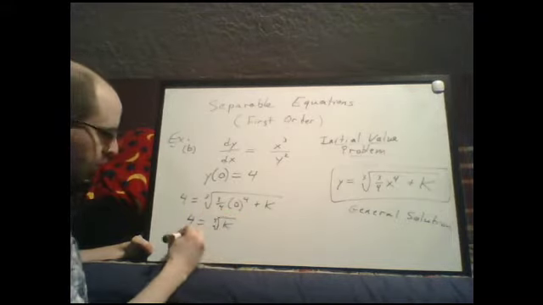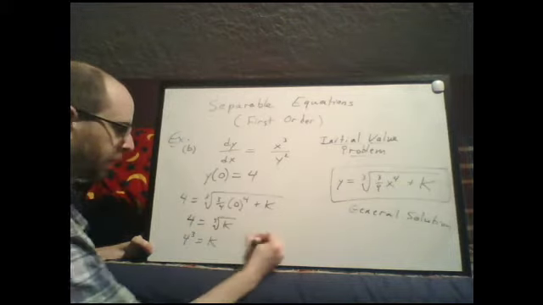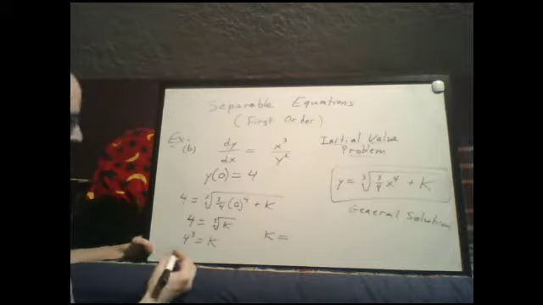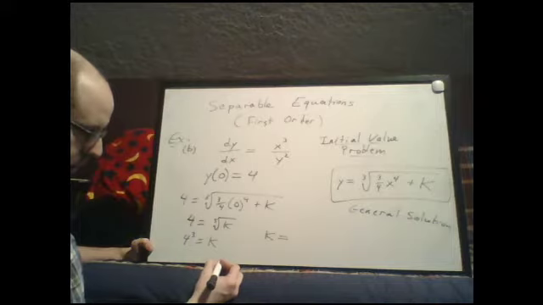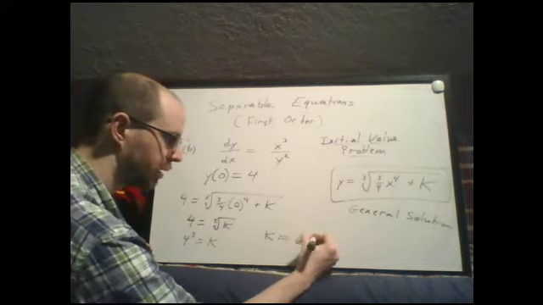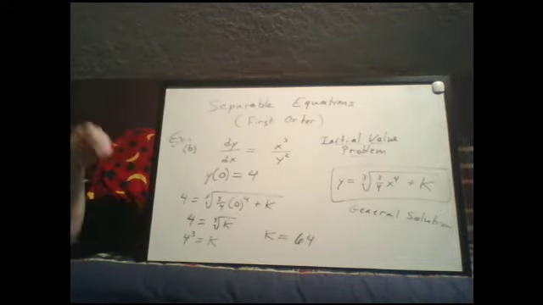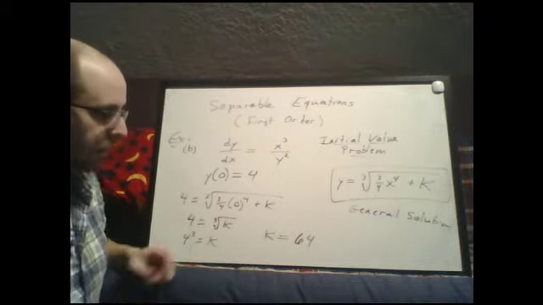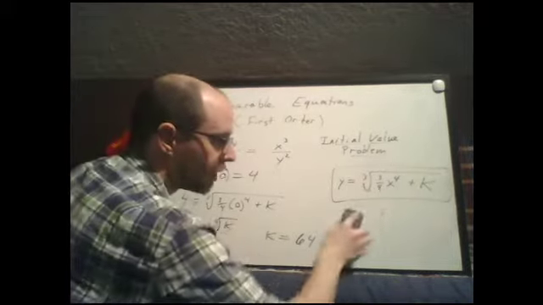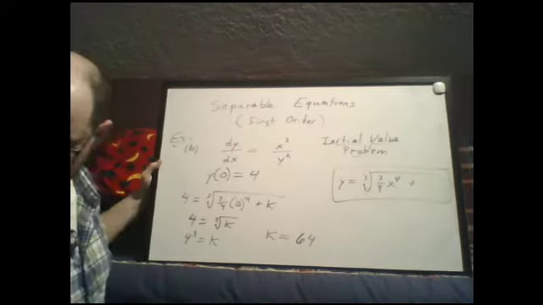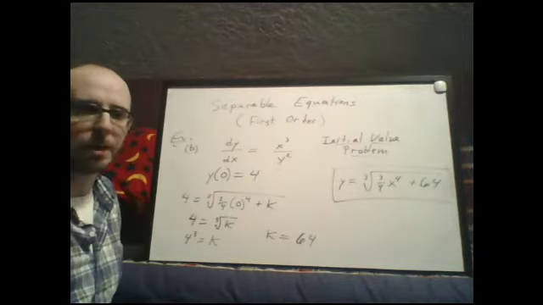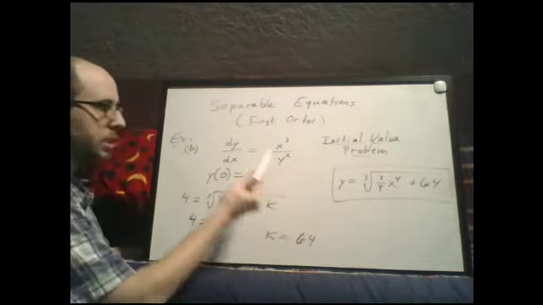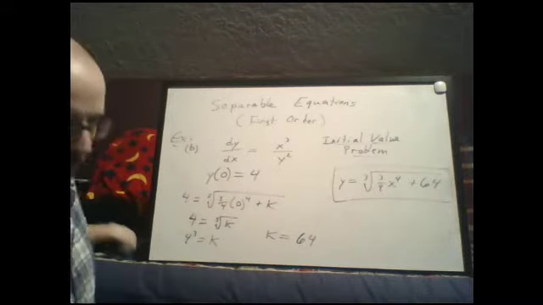So k is going to equal 4 cubed, which is 64. So with k equals 64, that gives us not the general solution to the differential equation. It gives me the specific solution to the initial value problem. This function satisfies the differential equation and the given initial condition.